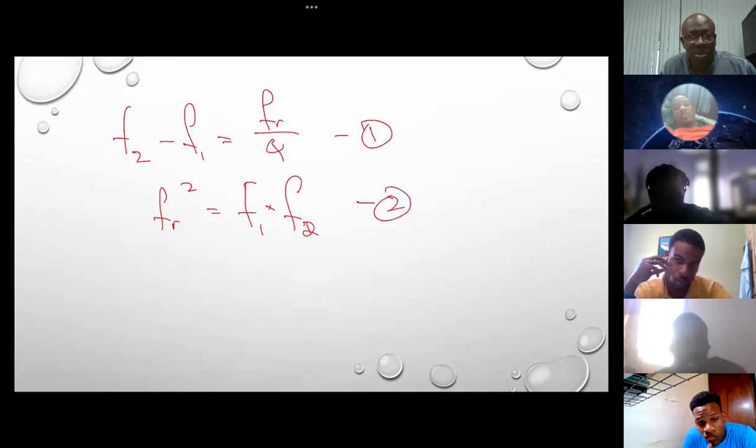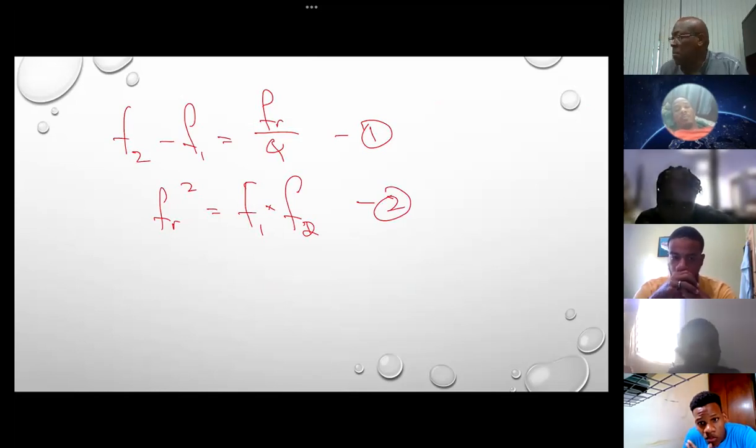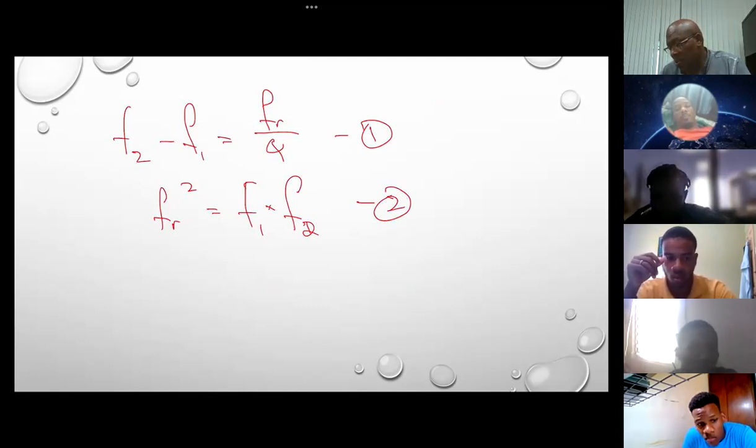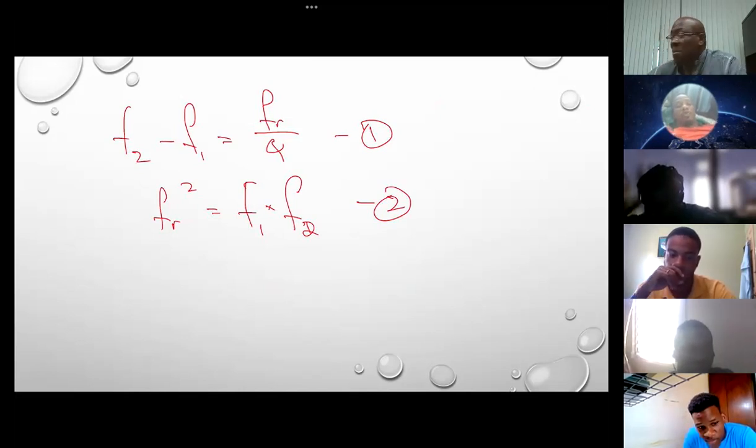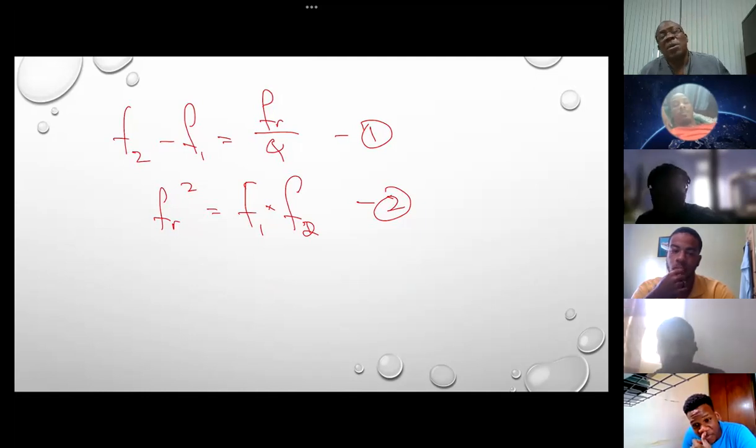So how many unknowns do I have in each of these equations? Two. And how many equations do you have? Two. So we have two unknowns and two equations. We solve them simultaneously, no matter how the equations look, because we are engineering mathematicians.